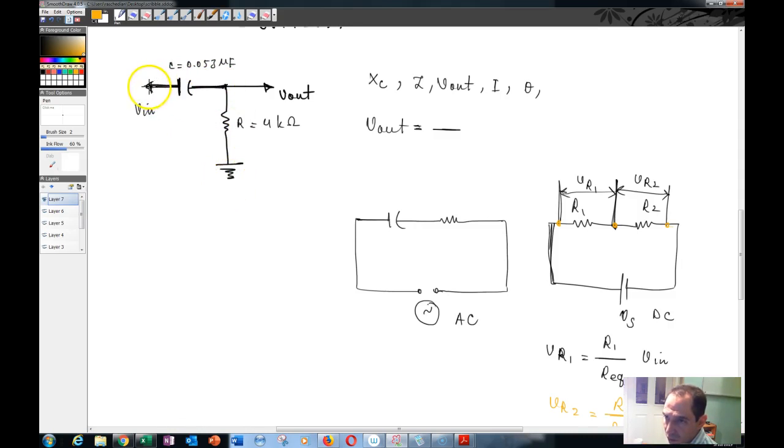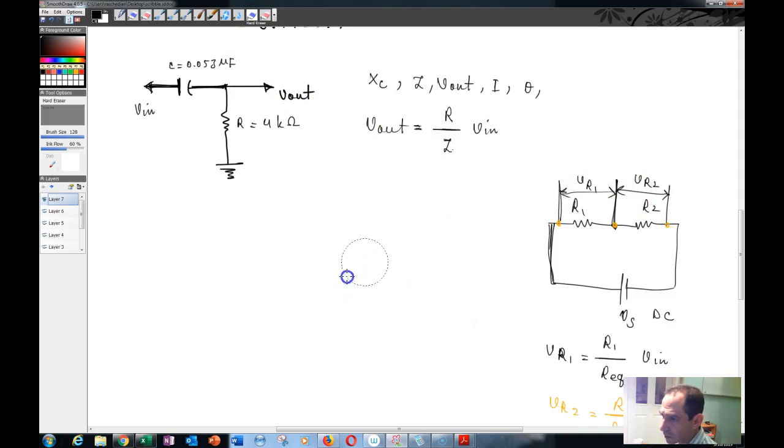One end goes to ground, one end goes to your signal, and then the voltage drop across this resistor is going to be equal to the value of this resistor R over the equivalent resistance in this circuit, which in AC circuits is called impedance, Z, times V of in.